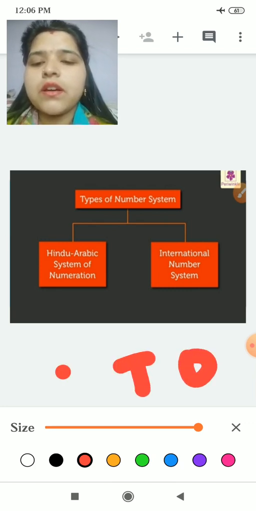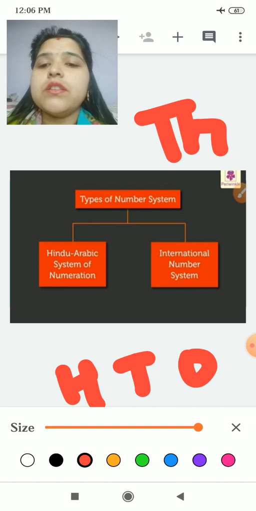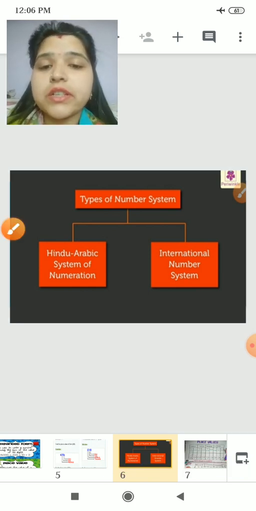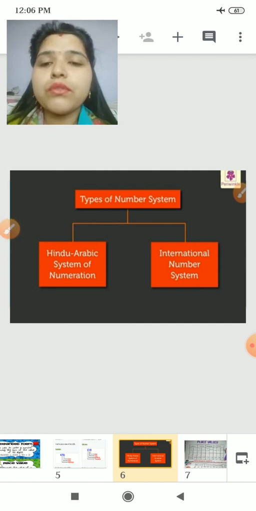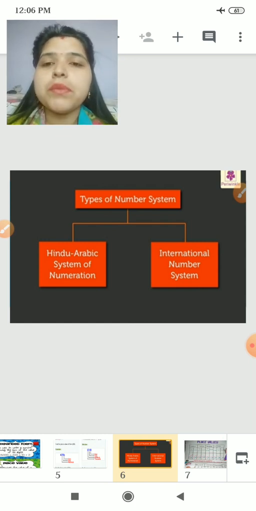This is ones, tens, 100. The 9 is holding the 100 place, so the first comma will come there. The second comma will come after the 10,000 place. See, ones, tens, 100, 1000, 10,000. So 3 has the 10,000 place, so the second comma will come before that.